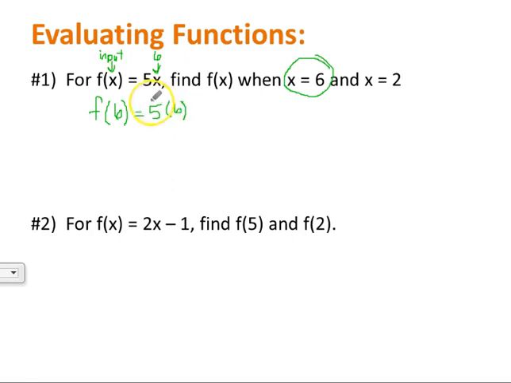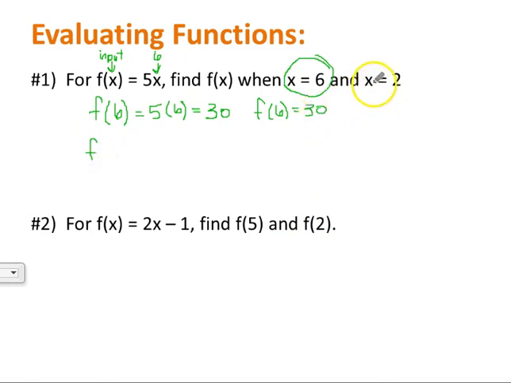So that means f of 6 is equal to 5 times 6, which equals 30. So we could say f of 6 is equal to 30. This is my input, and this is what I get, my output. And then we're going to do it again.